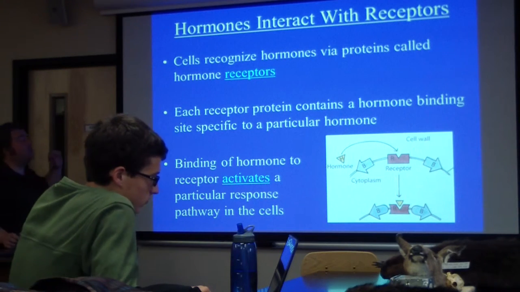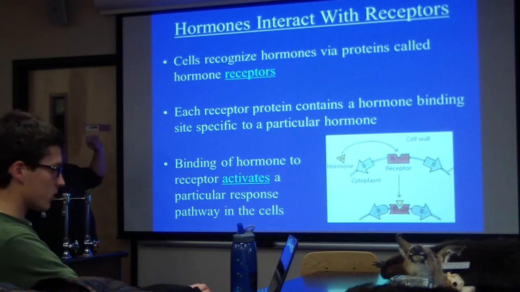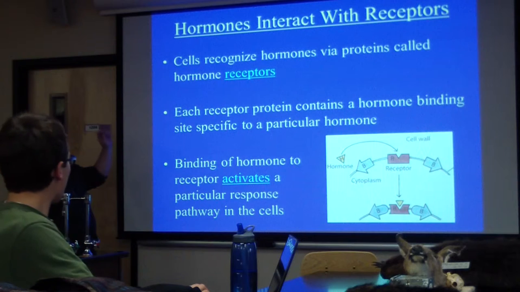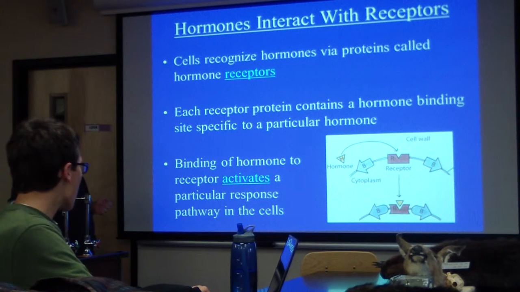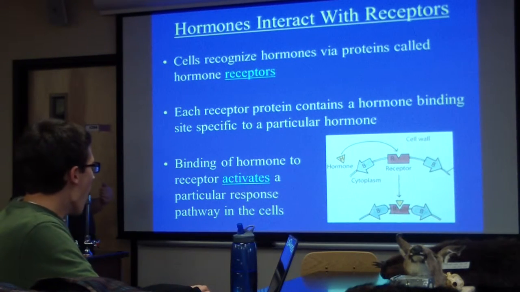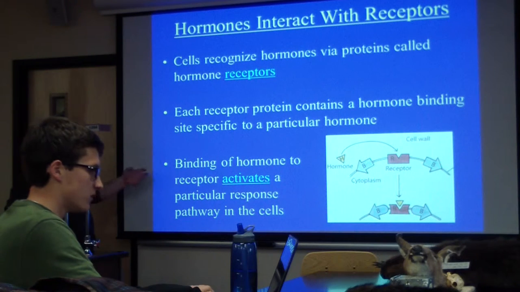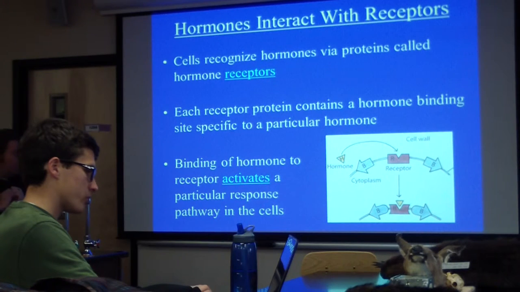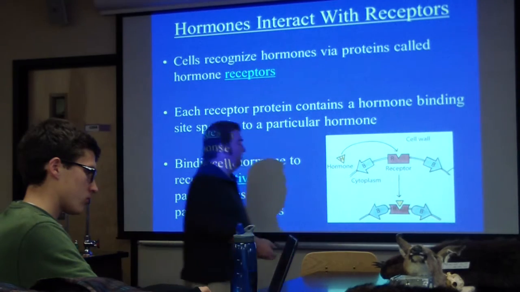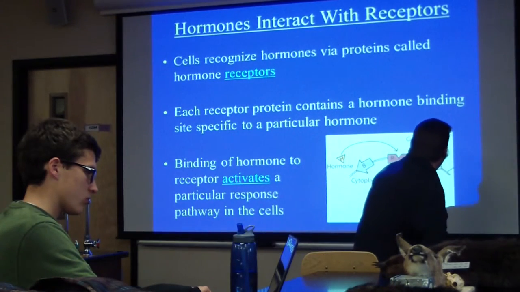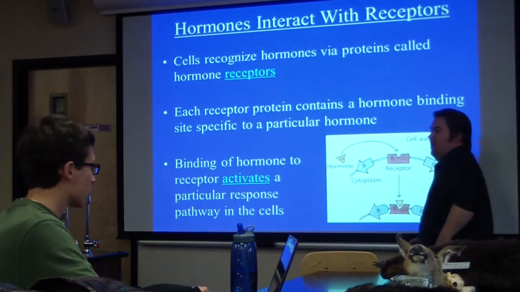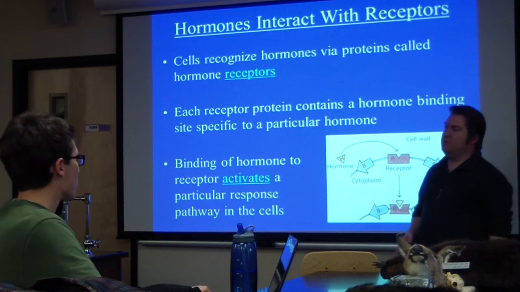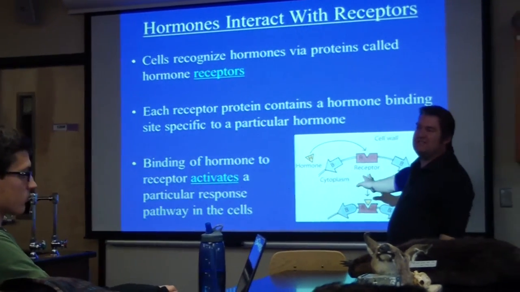And each hormone receptor contains a very particular hormone binding site that's specific to a particular hormone. And when the hormone binds to the receptor, it activates a particular response pathway in the cell. So, for example, in this very simple diagram, I know these are shapes, but molecules have very particular three-dimensional shapes. So this isn't as silly as it looks.